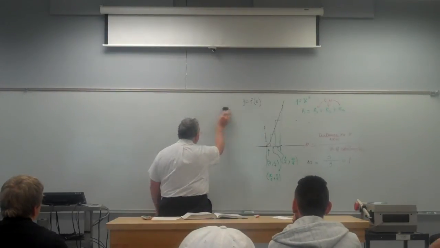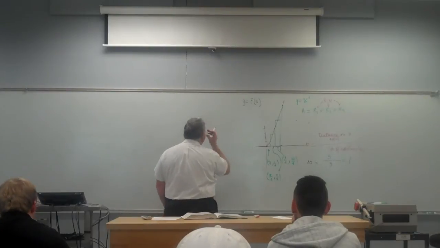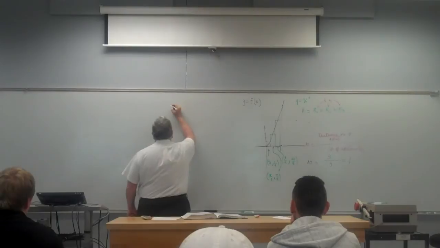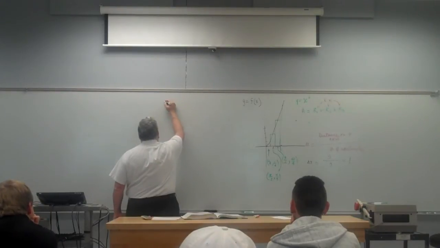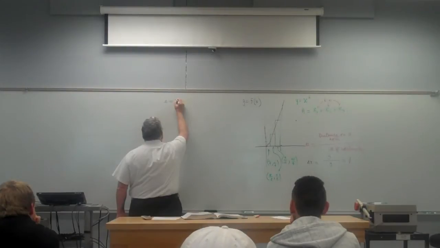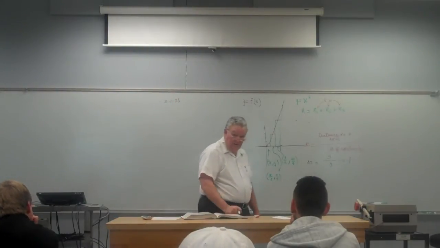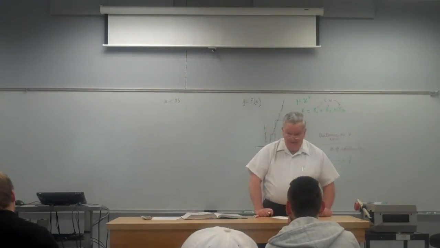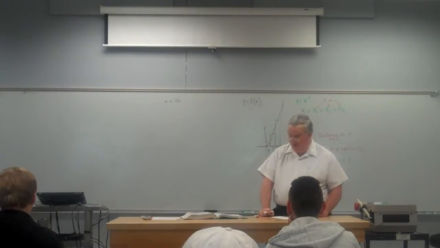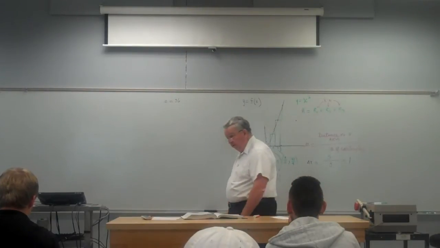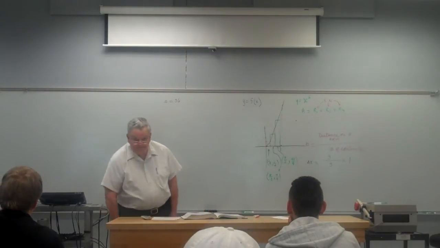Now here's what I'm going to do. I want n to be equal to 36, and I don't want to have that particular pain that I was talking about. So I'm going to use sigma notation.